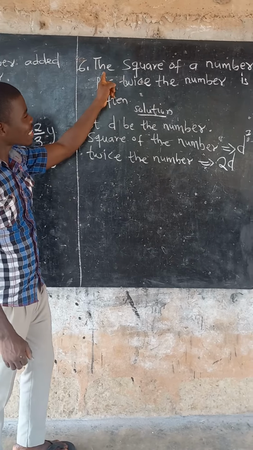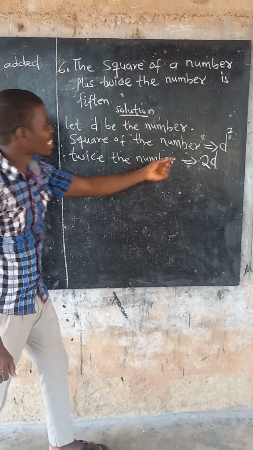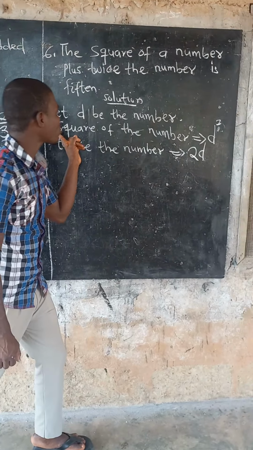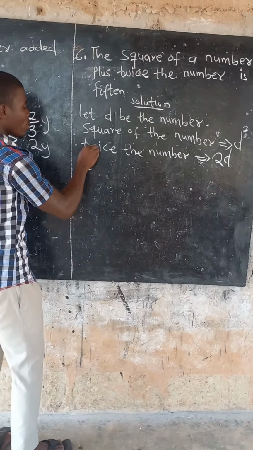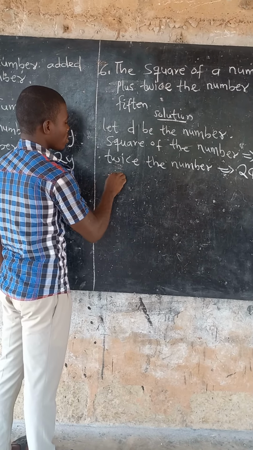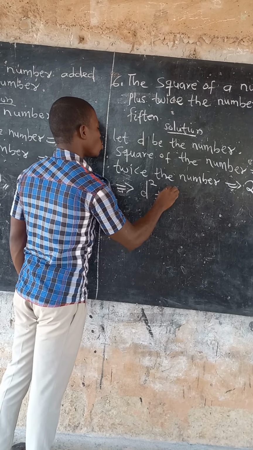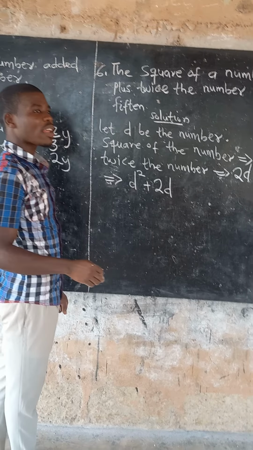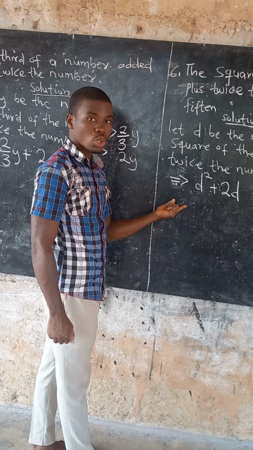So it's 15. It's saying that square of the number plus twice the number. So let's add the mathematical symbols we had for square of the number and twice the number. So we have D squared plus 2D is, in math, whenever you hear "is", it's the same as equal to.